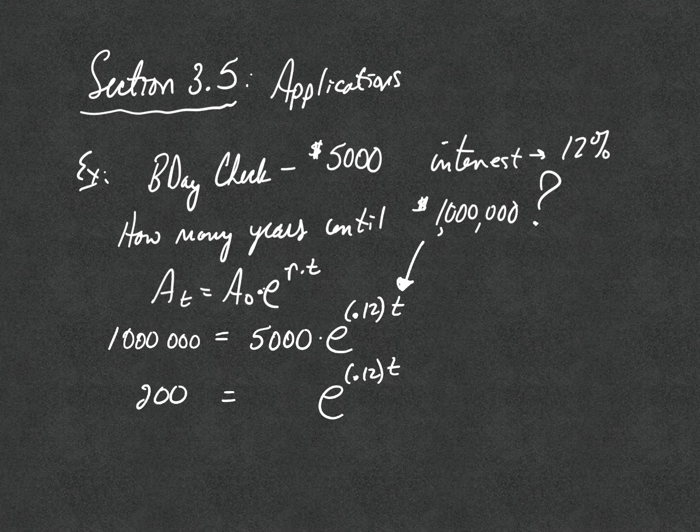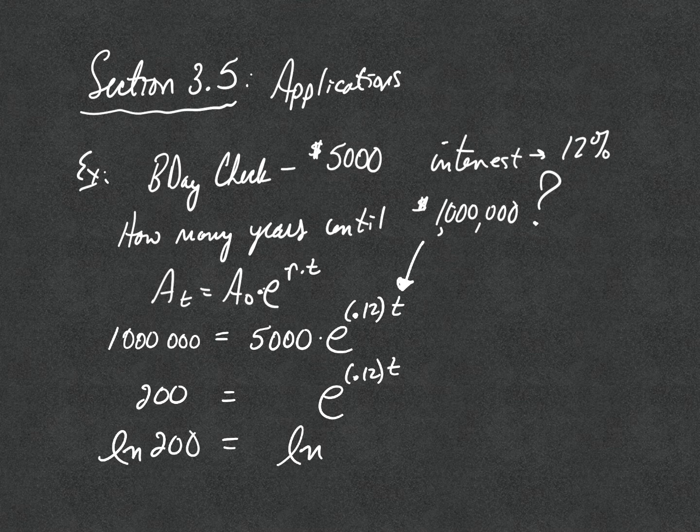All right. Next, the variable's in the exponent on the e. So to get it out of there, we have to do the inverse of an exponential. And the inverse of an exponential is a log. Which log are we going to use? Well, since it's base e on the right-hand side, we're going to use the ln.